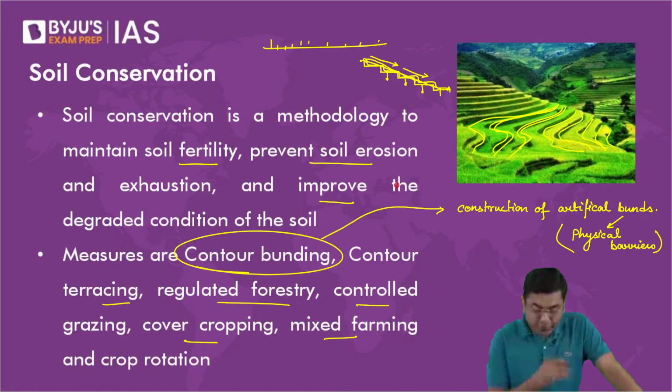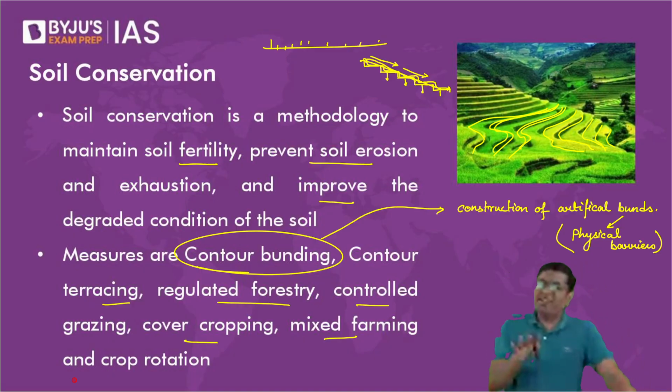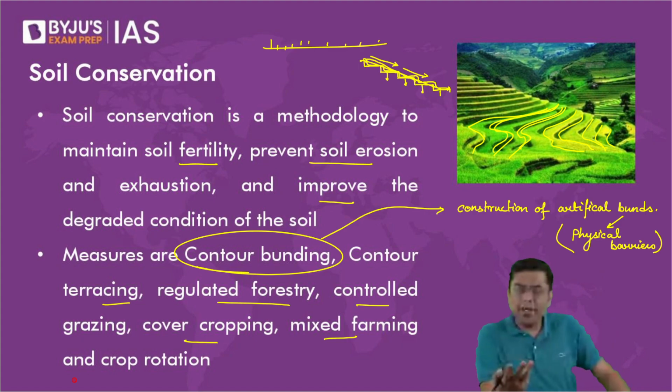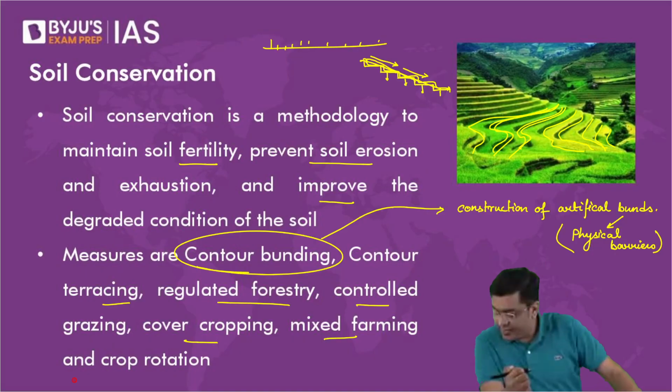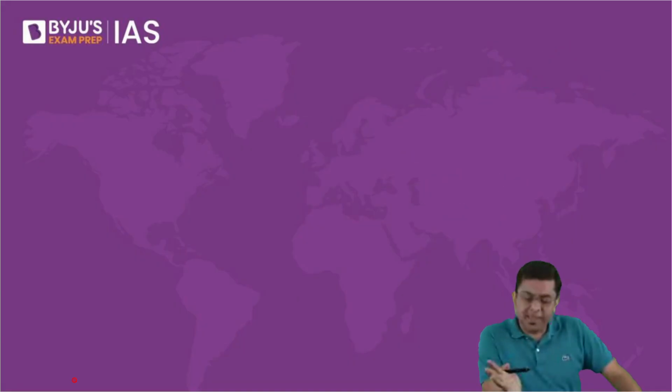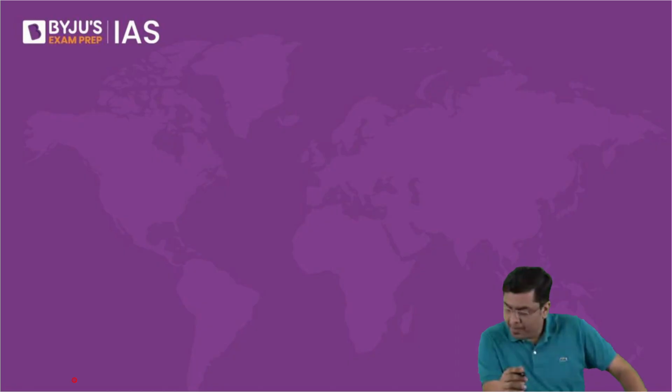So these are the various processes that can be carried out. We'll take a look at another process, mulching, when we talk about organic farming. Mulching is another methodology which can prevent soil erosion. Mulching is simply covering the top layer of soil with dried leaves, twigs, etc. Cover cropping is where, rather than leaving your farmland barren, you plant some kind of crop.